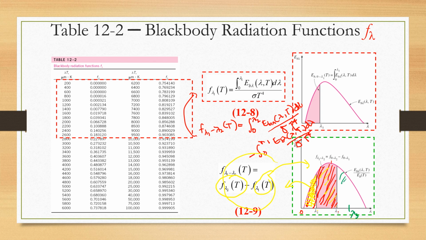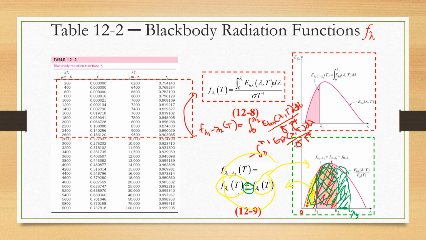You want to find the area here. What you have to do is find f lambda 3 minus f lambda 2, because you calculate the area for f lambda 3, and then minus f lambda 2, you remove the intersection area, and then you remain with the unintercepted area. That's why we are using minus here.